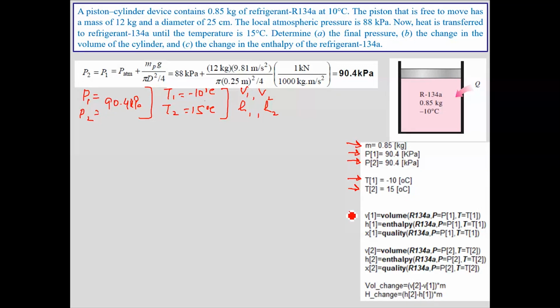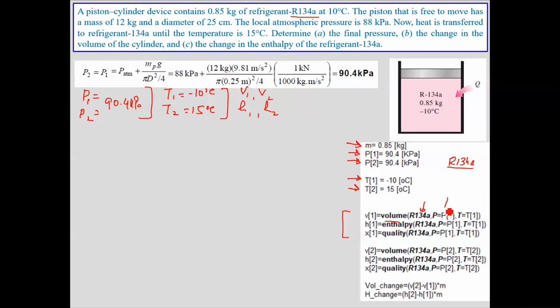These are the properties which we have found out for state 1. Number 1 is the specific volume. Use the function of volume. Use R134A. Now you will not use steam IAPWS. You will use R134A tables. So the software recognizes R134A as the refrigerant table.